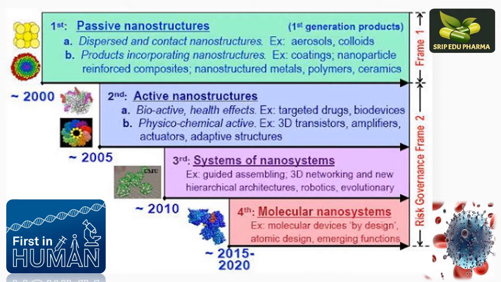Around 2005, active nanostructures came, which is the second generation, which consists of targeted drug, biodevices, and in the physiochemical active category come amplifiers, adaptive structures, etc. Around 2010, the third generation of nanosystem came into existence, and it includes robotics, 3D networking and new hierarchical architectures and some other things.